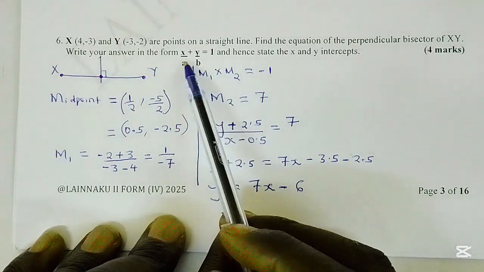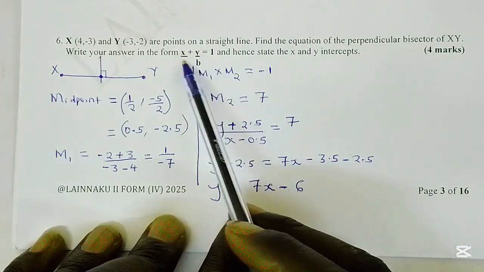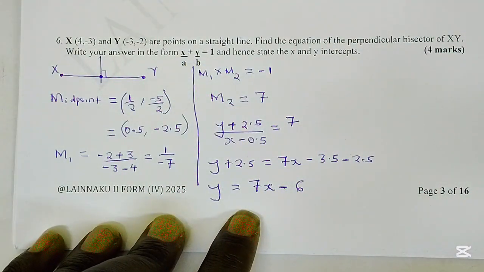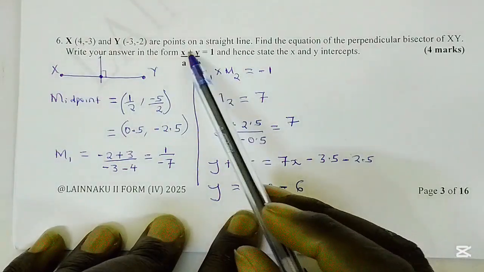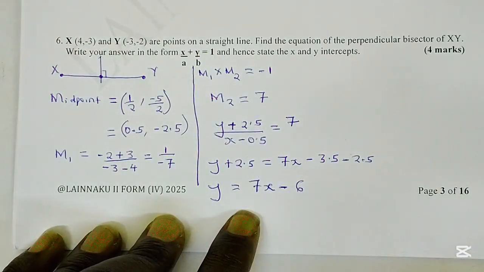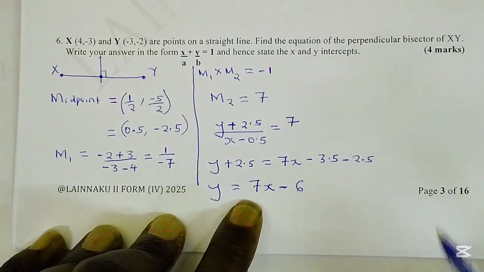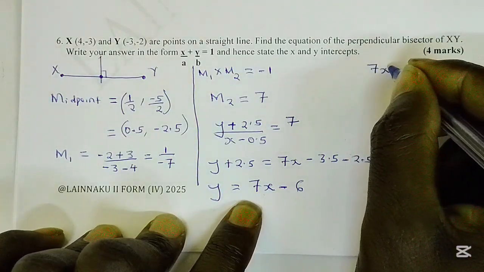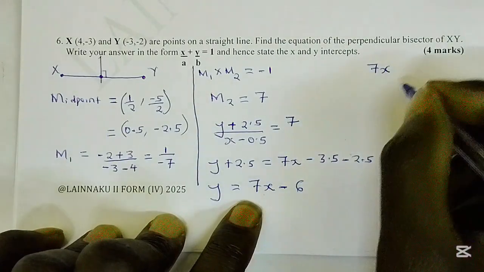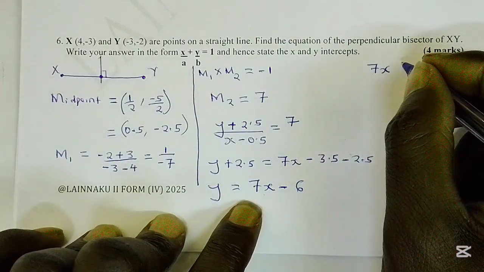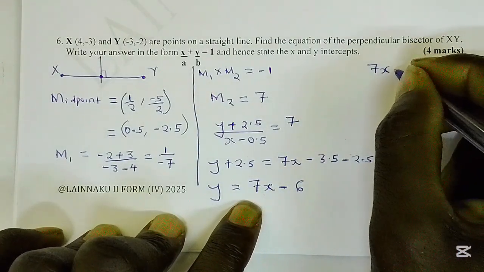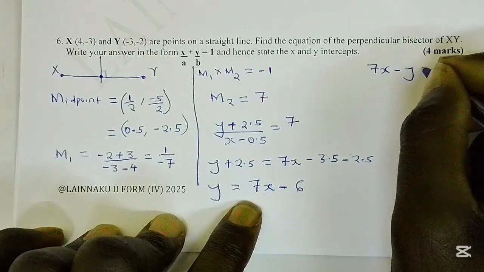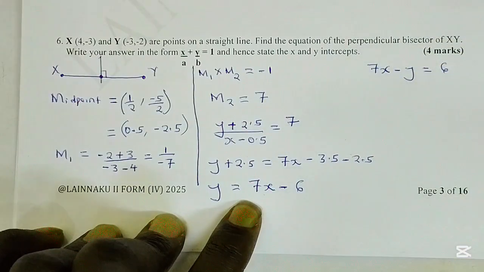But here they want the equation to be in the form of x over a plus y over b equals to 1. So in this case, if we rearrange this one, you'll end up with 7x minus y is equal to 6.